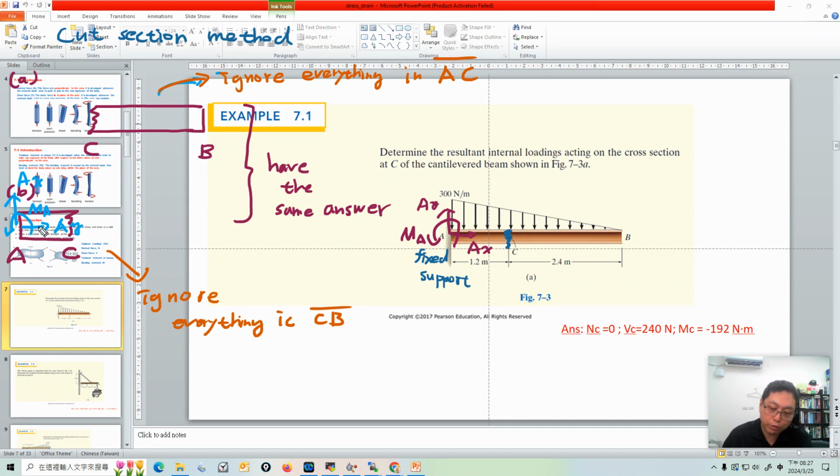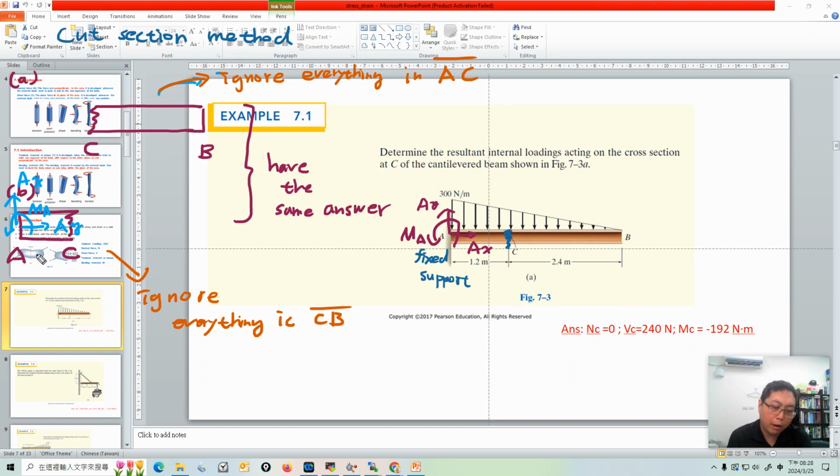This reduces your calculation burden. But no matter whether you use the CB section or the AC section, your final result, the internal force at C, will be the same.